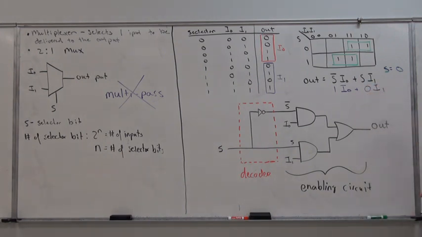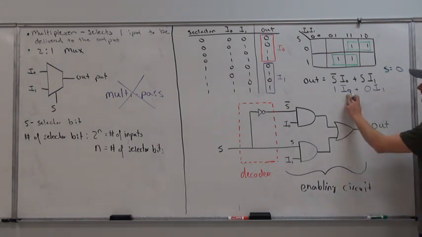What this means, guys, is that if S is equal to 0, it doesn't matter what I1 is. If I1 goes high, the output is 0 for this section. If I1 is low, it doesn't matter. This portion is always ANDed to 0, so it doesn't matter.